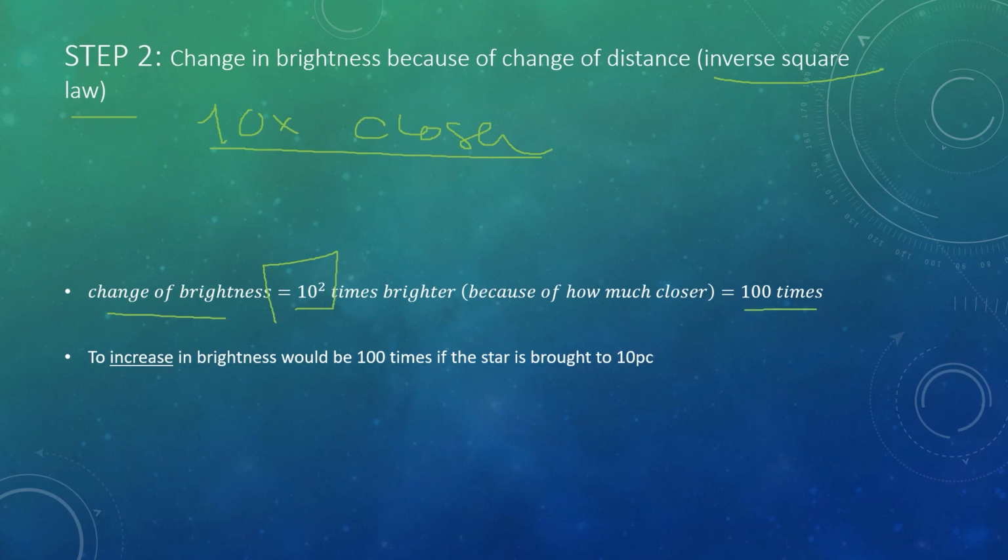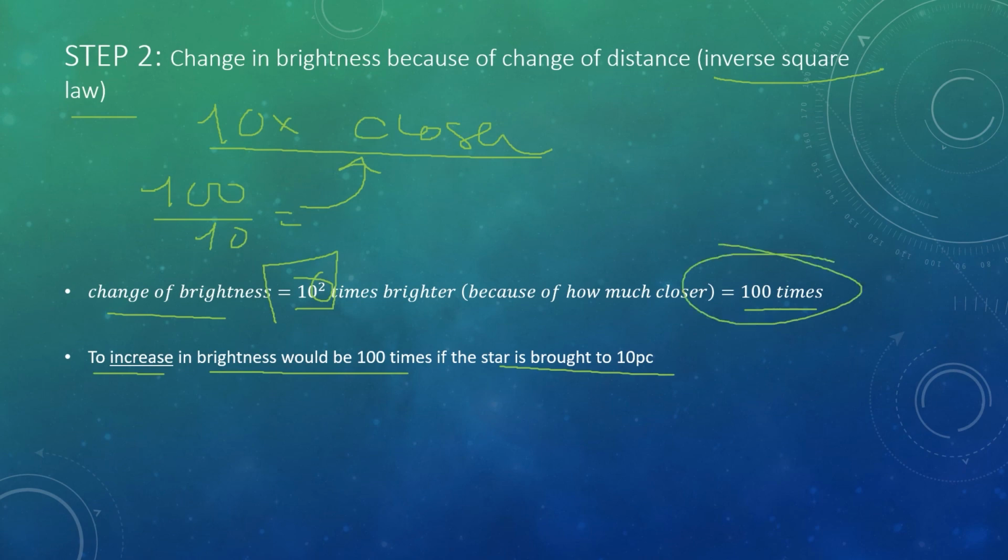The increase in brightness would be 100 times if the star was brought to 10 parsecs, all right? So based on the previous step, where we did 100 over 10, which gave us 10 times closer, is how much we're moving, we need to then square that. Okay, that's step 2: you square it. And so now we know we become 100 times brighter.